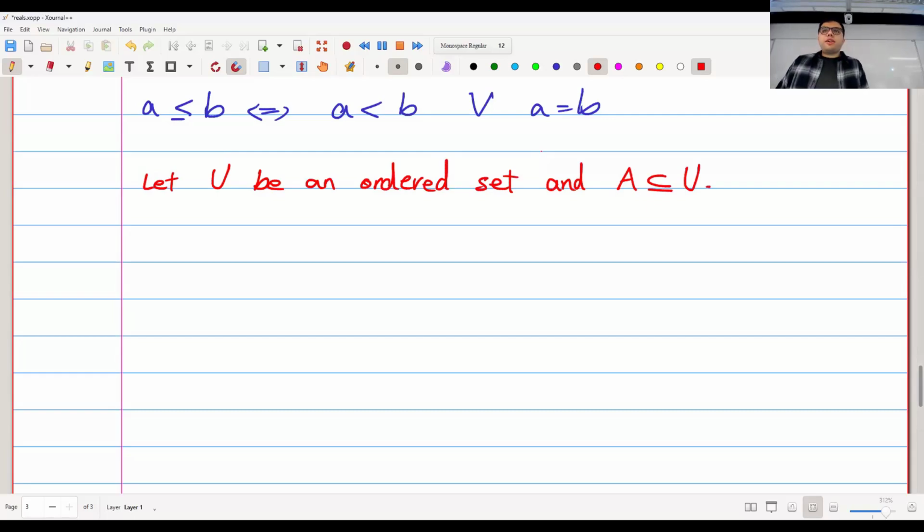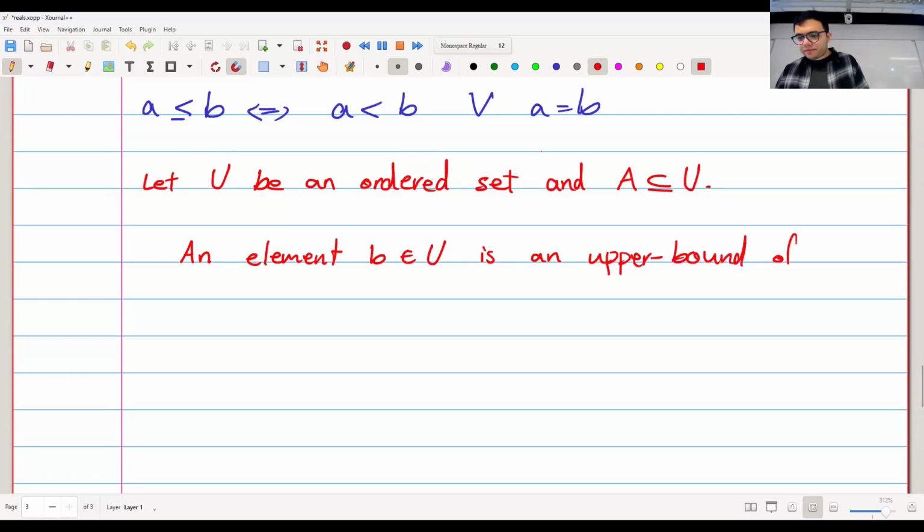I'm going to define what an upper bound means. So I would say an element, let's call it B, in U is an upper bound of A if for every element in my set A, B is bigger than that element.